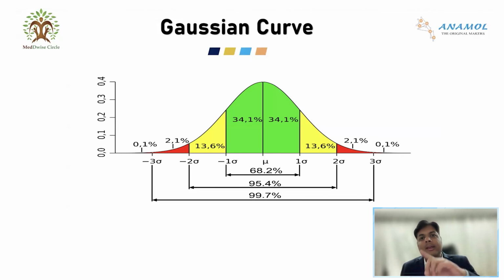Now from the mean, if we go minus 2 SD and plus 2 SD, that is the range in which 95% of our students are present. Now this is true for any kind of experiment that we do. This is a universal phenomenon.